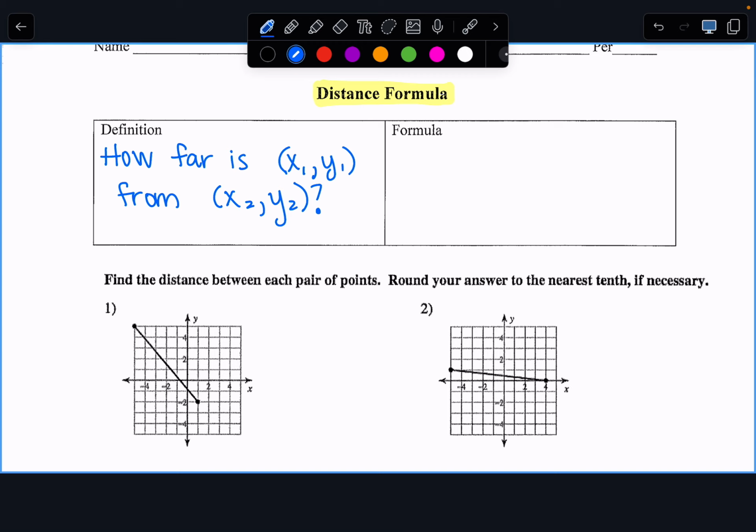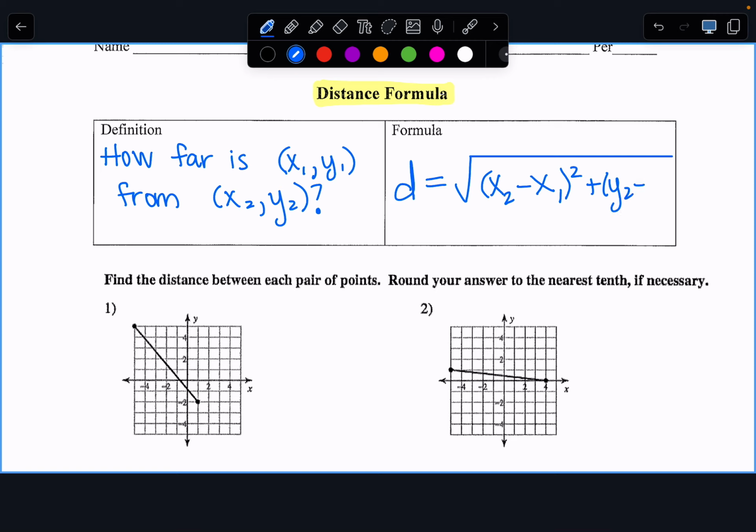I'm going to have you write down the formula. You're not going to panic because A, I'm going to show you how to use it. And B, you don't have to memorize it. I will give it to you. So our distance formula, D for distance: we are going to figure out how far apart are the x's, square it.